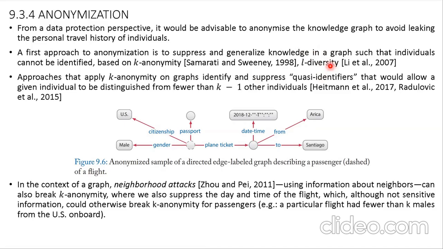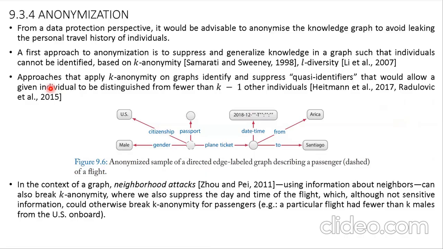And l-diversity guarantees that the sensitive data fields have at least l diverse values within each group of individuals. This avoids leaks such that all the tourists from, for example, Austria in the data have been pickpocketed in a sensitive attribute, which would reveal the sensitive information of the tourists from Austria.